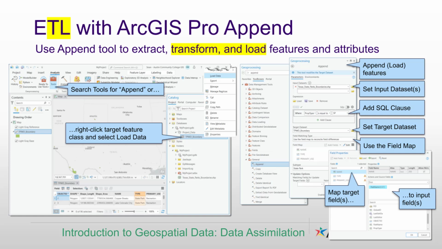So if, for example, you have a target data set that's empty and you load Texas State Parks boundaries into it, and there are 100 features in Texas State Park boundaries, and you load those 100 features into the target data set, but for some reason you can't see the results, and then you hit run again, you're going to end up with 100 duplicate records and 100 coincident features in your TPWD_boundary or your target data set. They're going to be really hard to track down because it's going to look like 100 features when there's actually 200 features there.